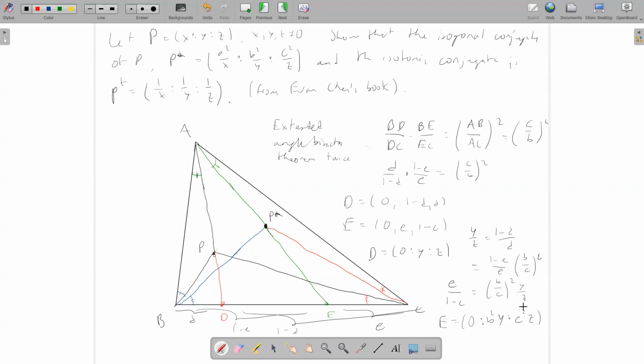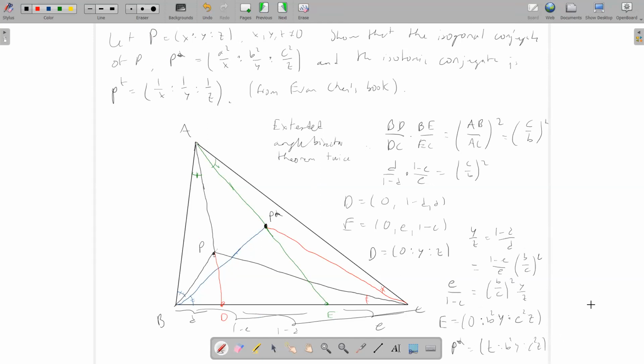Should be right. Yeah. And so P star will be T, B squared Y, C squared Z.